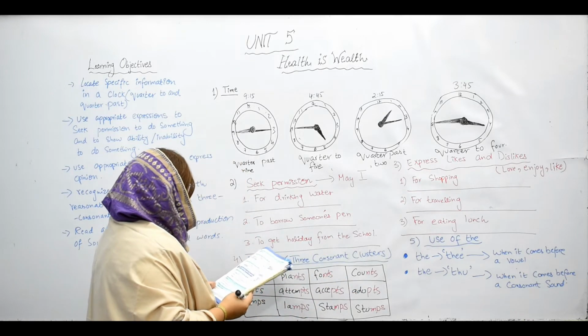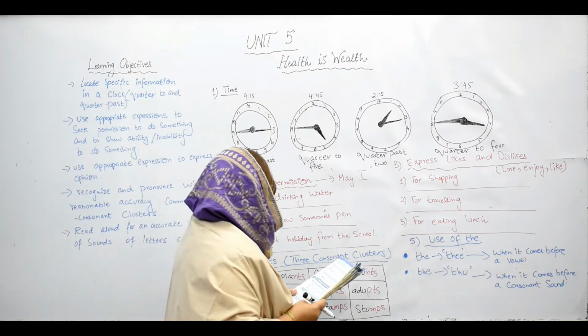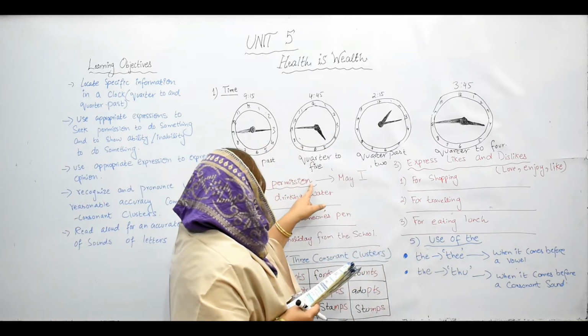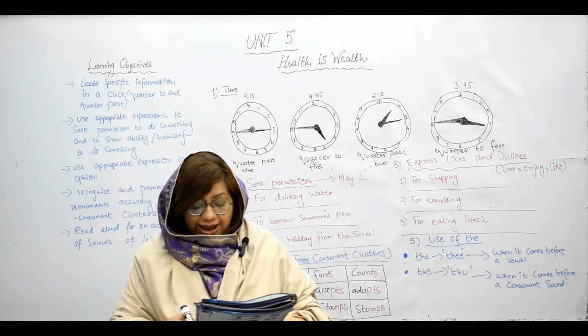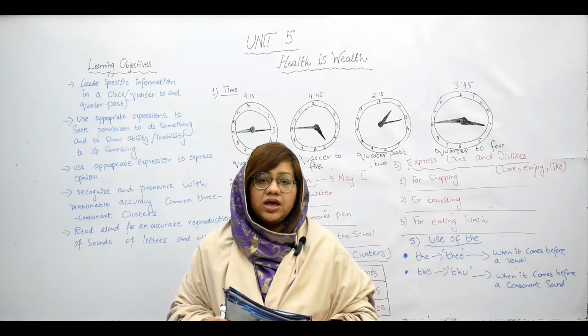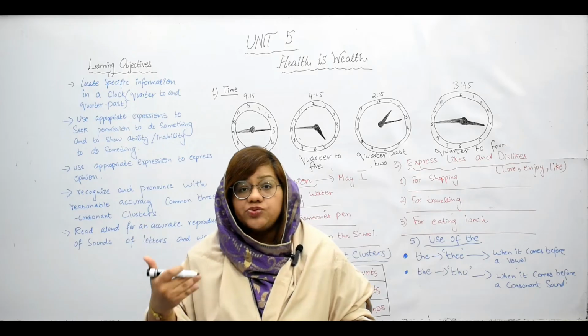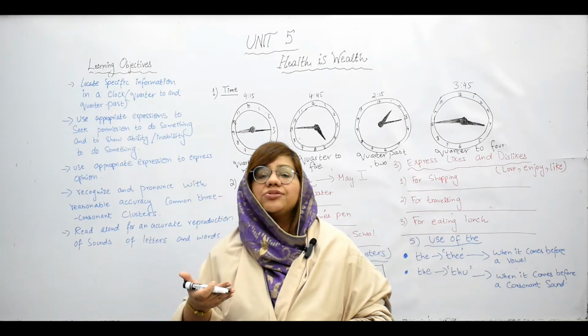Okay, now let's move to another topic of this lesson. That is called seeking permission. As you can see in your book, page number 47, there is a concept given in this textbook: how can we seek permission from others? What is the best way to seek permission from others?